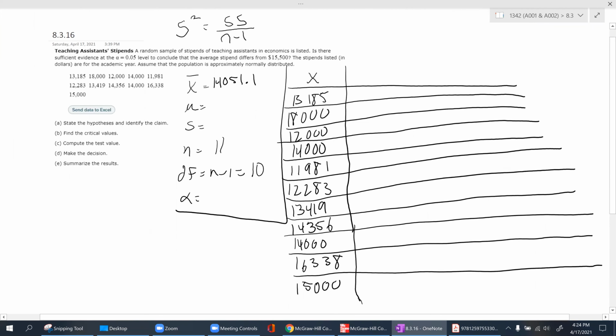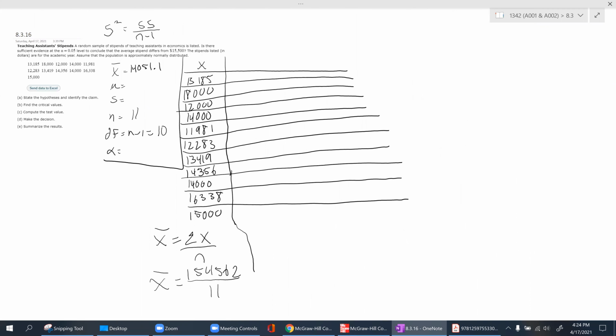And of course, one thing you may want to do is send your data to Excel, and as you're working this by hand, have Excel on the side already. You already know how to use the code for standard deviation, variance and mean. So check and be like, okay, I did it right. I need to make sure I have these skills polished up. I want you to at least do that.